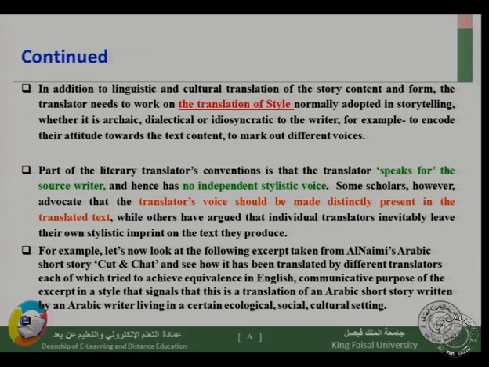Now, as a translator, you should be able to really speak for the source writer. In other words, can you use the voice of Halima in that short story? Can you speak on his behalf?